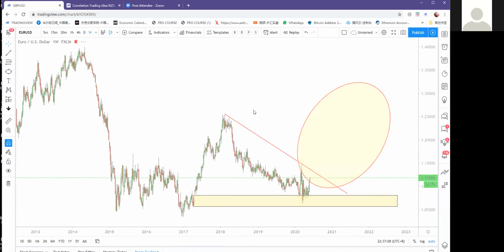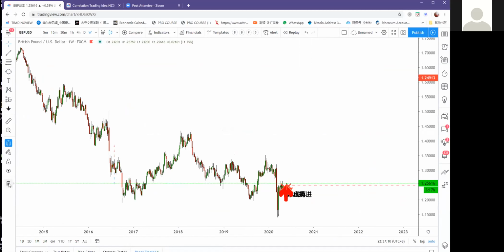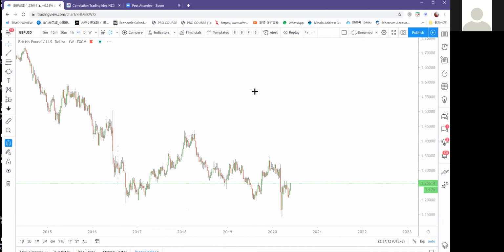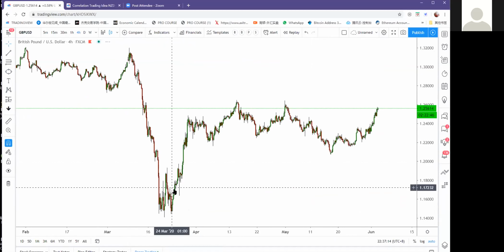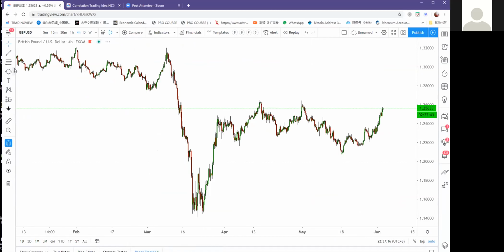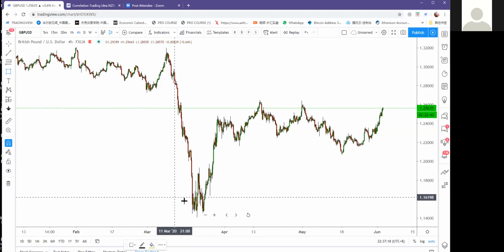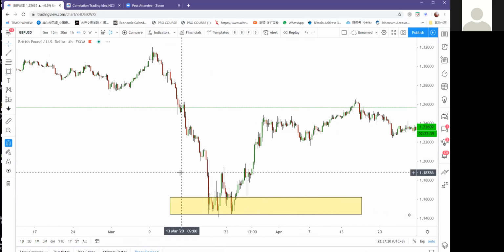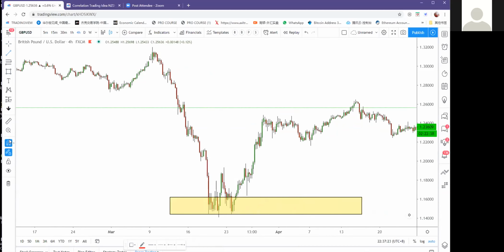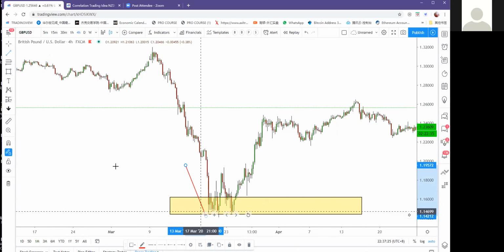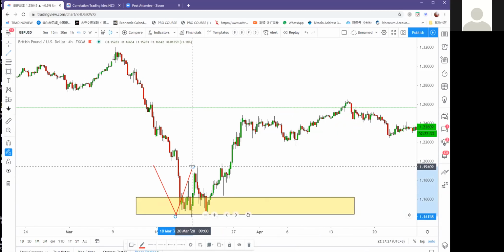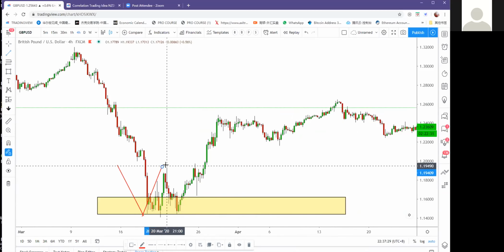In sterling, yes, Powell is very smart, because I think from March, when the sterling comes back to 1.16 and forms this double bottom, from that time I keep asking you guys to find bullish patterns for the sterling.